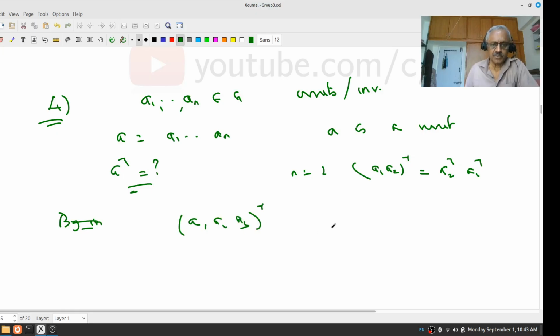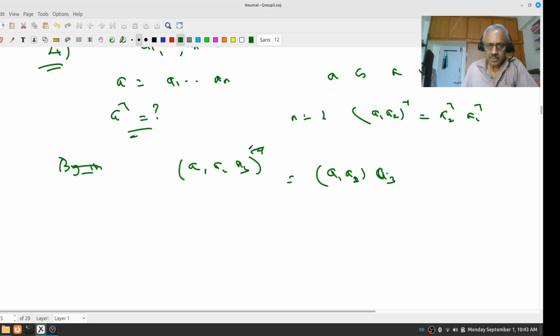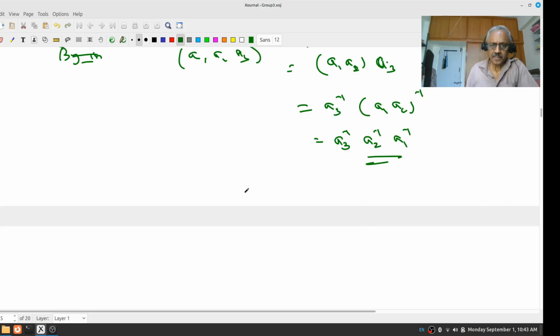I will do A1, A2 into A3. Now, what is the inverse of this? The inverse of this is A3 inverse into A1, A2 inverse. But we already know this is A3 inverse, A2 inverse, A1 inverse. Do you understand this?